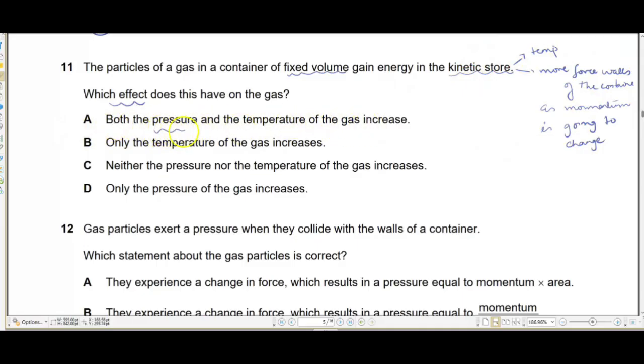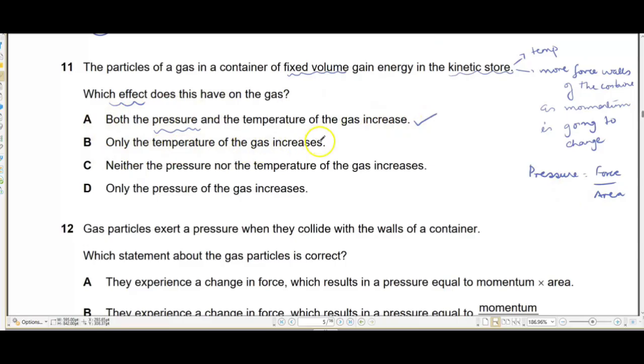Yes, the pressure increases because the momentum has increased, the force has increased. Know that pressure is equal to force over area. So the force is increased, so the pressure is going to increase as well, and the area is being kept constant, so this is not going to get in the way. So yes, this seems to be a good option, but let's go through the other options.